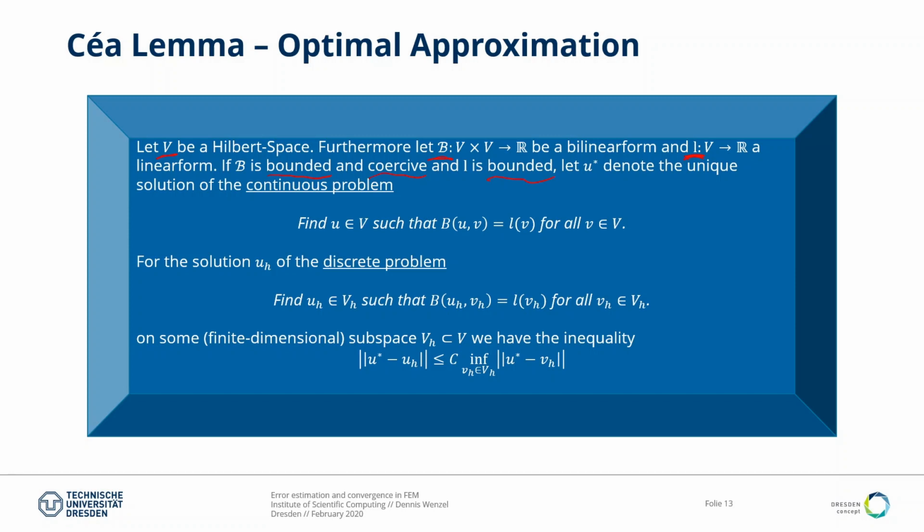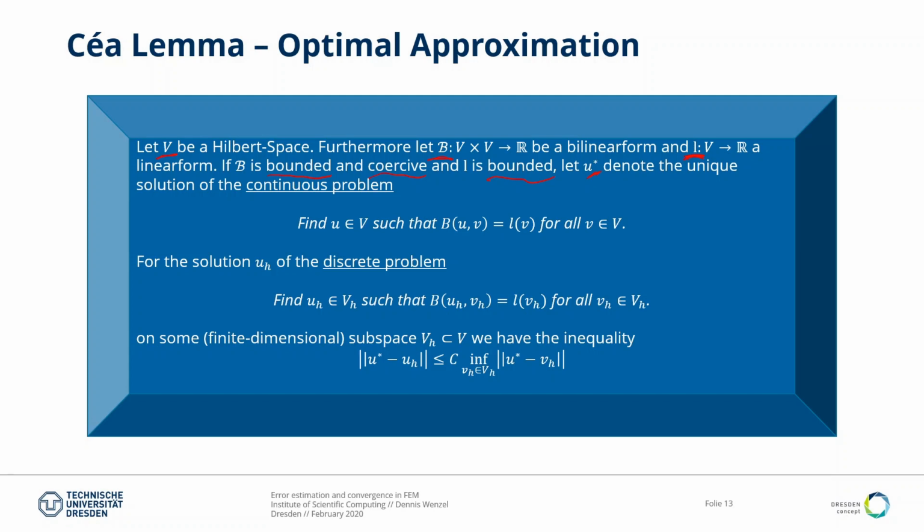And we're going to look into the details in a minute. And then we denote the unique solution of the continuous problem of finding u in V such that B(u, v) equals L(v) for all v, that's going to be denoted by u star. That's going to be our exact solution of the continuous problem.